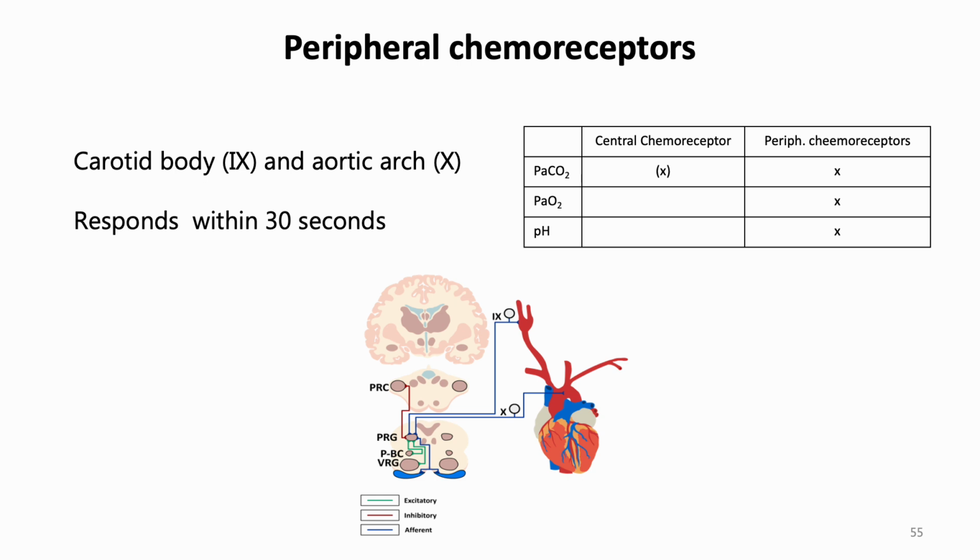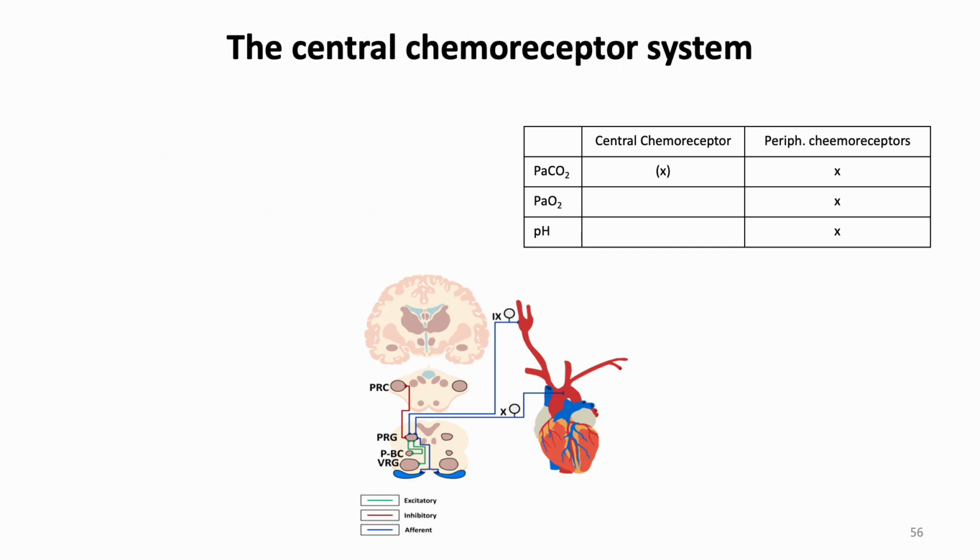If these receptors are stimulated, they cause a change in minute ventilation within a minute, actually usually within 30 seconds, so it's a rather rapid system. They do not cause large, or not even sufficient, changes in ventilation to correct for any detected change. And this is where the central chemoreceptor system becomes important.